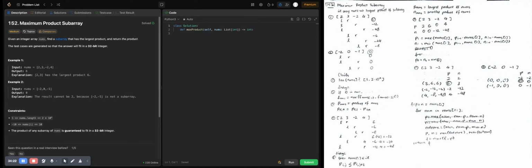Now when we have minus 2, it would be minus 2, or it could be minus 2 times 6, so minus 12, or minus 2 times 3, minus 6. So the maximum here would be minus 2, and the minimum is minus 12.